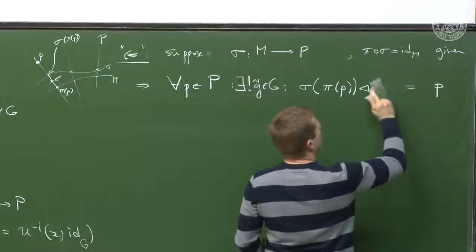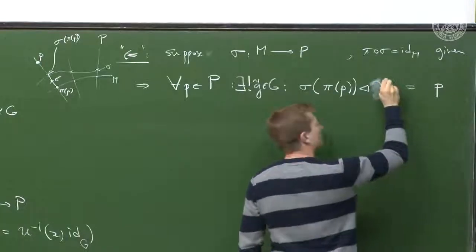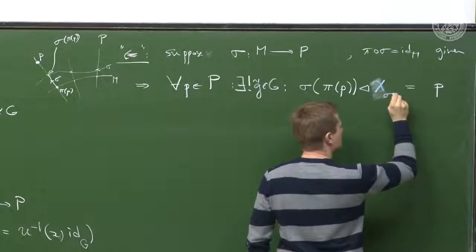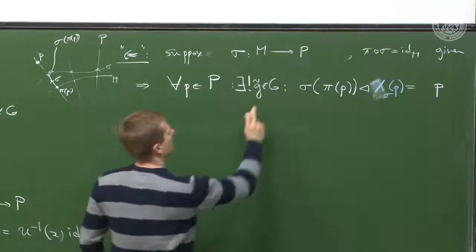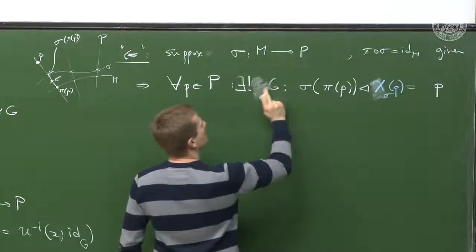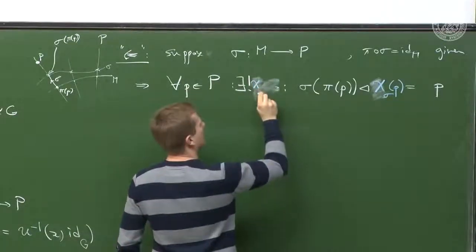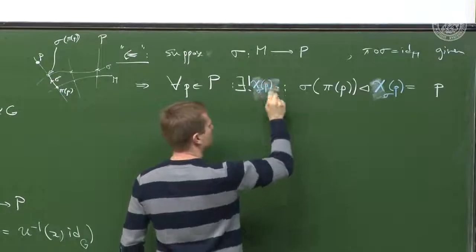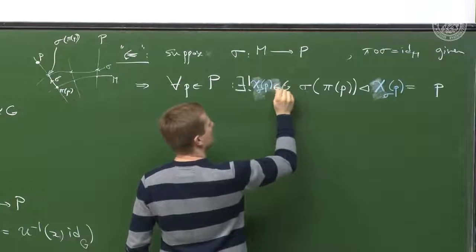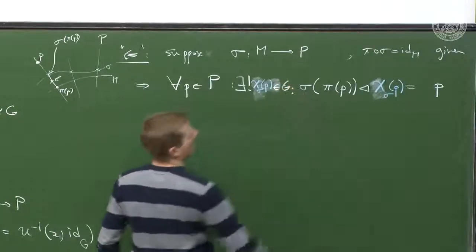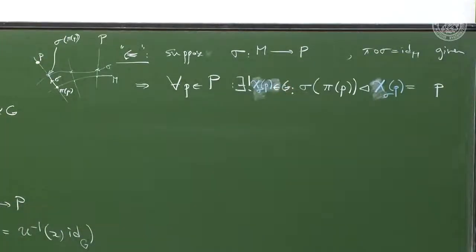So it's maybe useful to call this guy psi dependent on sigma and dependent on P. So there is an element in the group which we call psi because it depends on sigma and depends on P, what element that is, but such an element exists in the group such that this equation holds true. It's because of the free action. And the uniqueness is because of the free action.